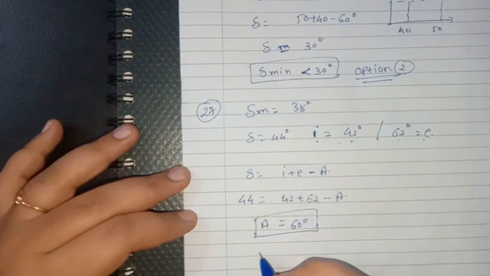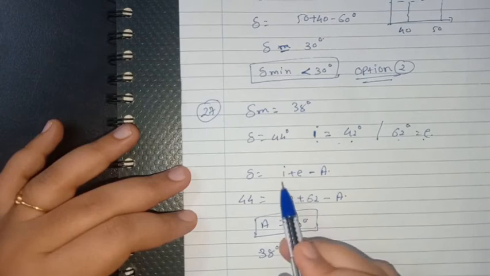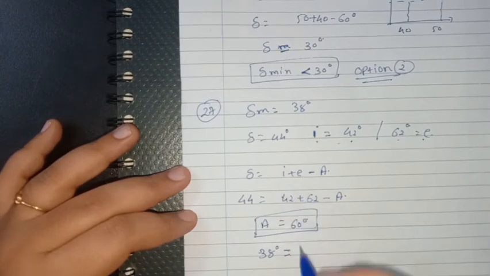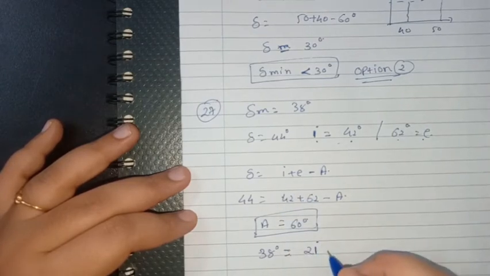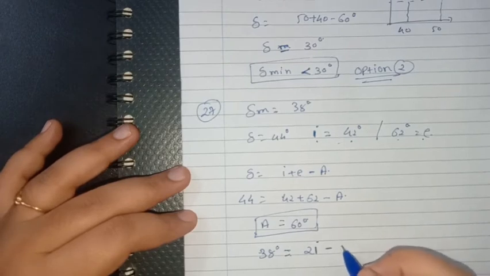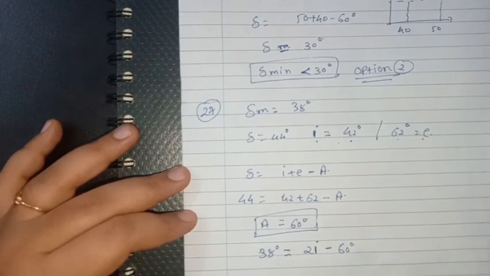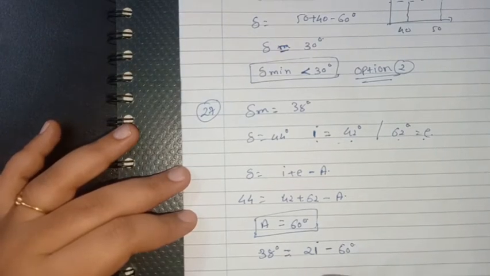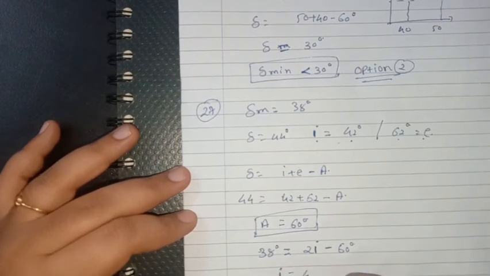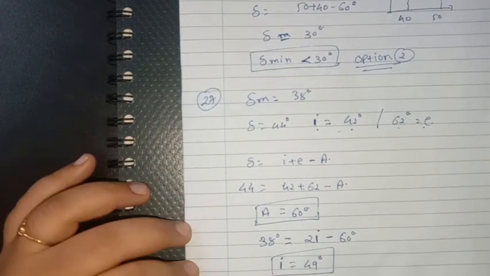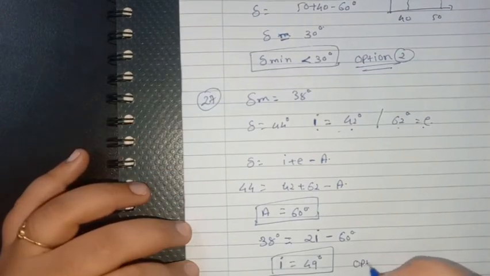So minimum deviation is equal to 38 degree. At minimum deviation, i and e will be equal, so we can write 38 equals 2i minus 60 degree. From this we can conclude i is equal to 49 degree. So option 2 is correct option.